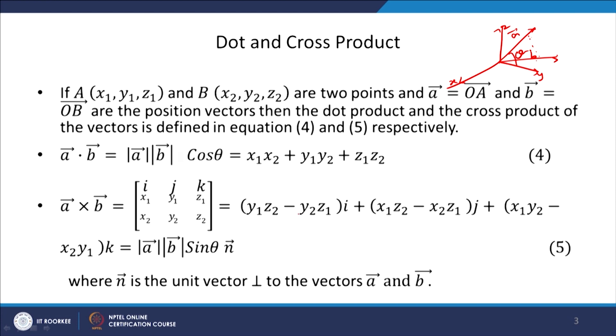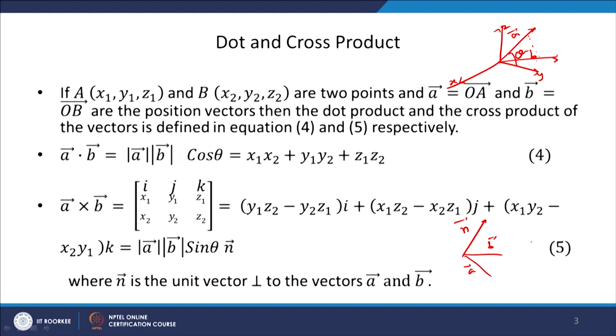This can also be proved to be the same as mod A mod B sin theta multiplied by the n vector, where the vector n is perpendicular to both A and B. So if these are two vectors A and B, the n vector is the unit vector perpendicular to both A and B.